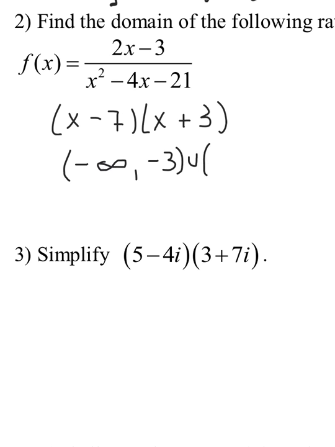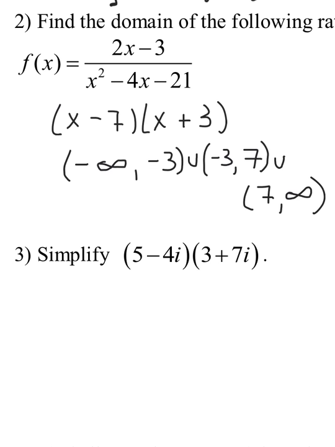Then we go from negative 3 to positive 7, so x can be anything in between those numbers. Then if I want to put in a union symbol, I can, or I don't have to, it doesn't matter. I'll put one in because everybody likes that. The last one is going to be 7 to infinity. And that's how we would write our domain.